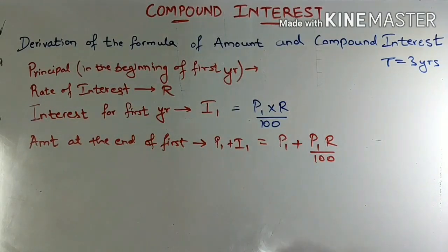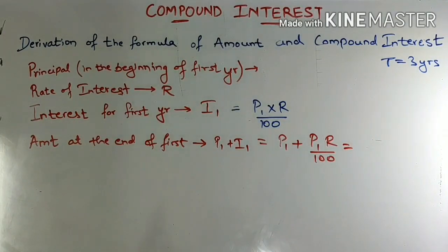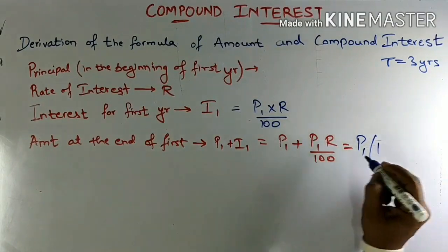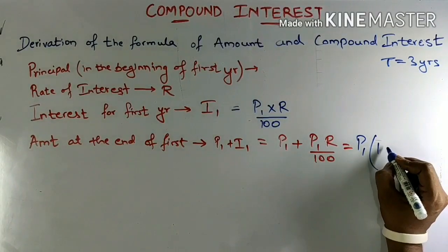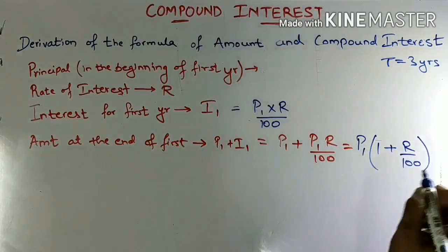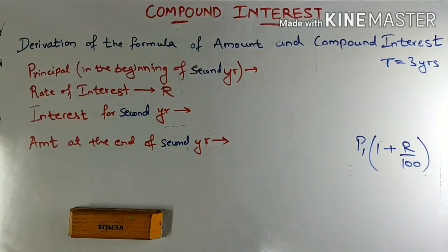If I take P1 common, gives me P1, instead of P1 I'll write 1 plus R by 100. So this is the amount at the end of the first year.